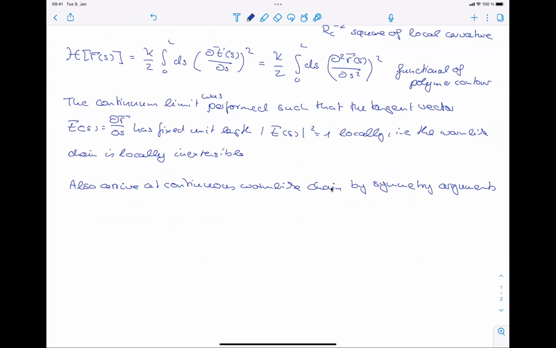So we consider a curve in space. Then the arc length is describing the distance from the starting point.